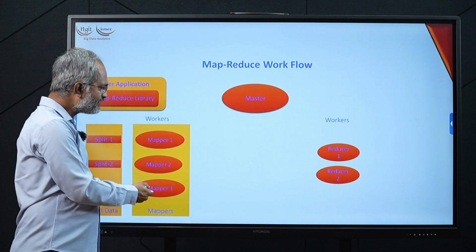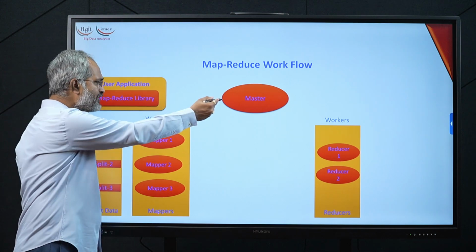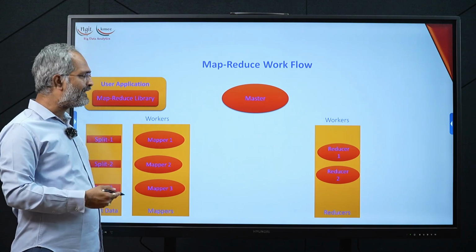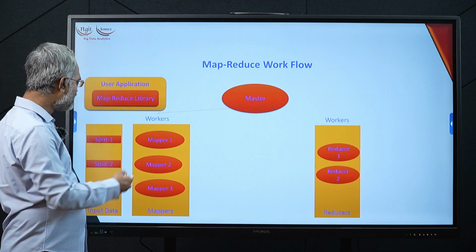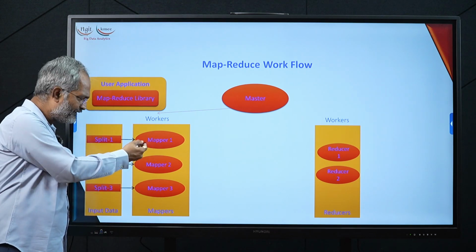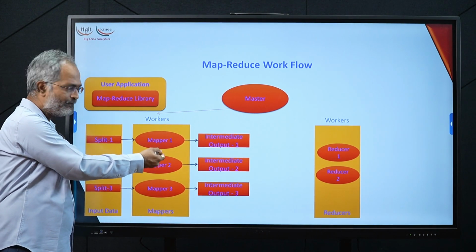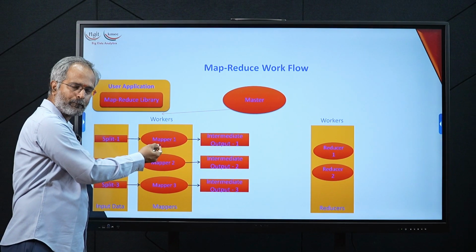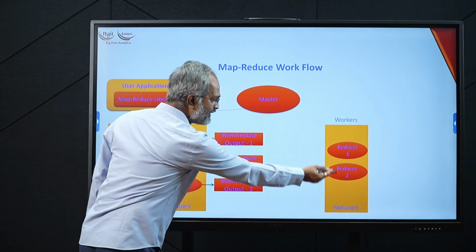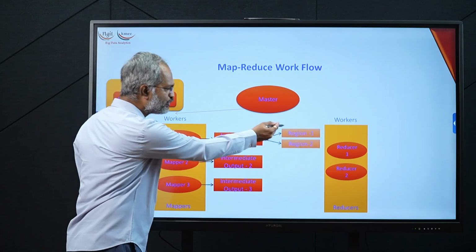Now the master will inform the mapper workers to start their work, so the mappers take the input from the corresponding splits and produce the intermediate outputs separately. Here split 1 is processed by mapper 1 and it produces intermediate output 1, and since two outputs are required, the intermediate output will be divided into two regions.